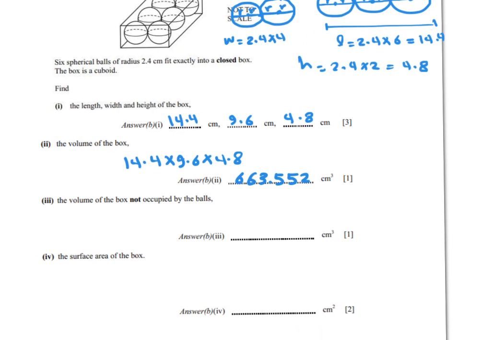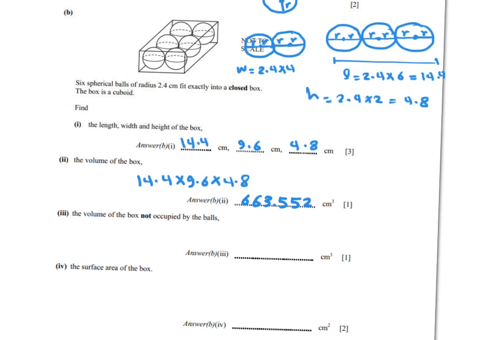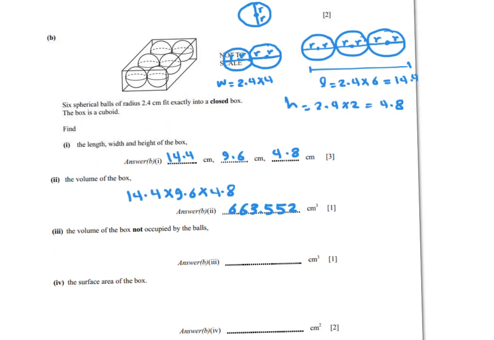For part three, the volume of the box not occupied by the balls. We need to find the volume of the box minus the volume of the 6 balls to find the volume of the box not occupied by the balls.